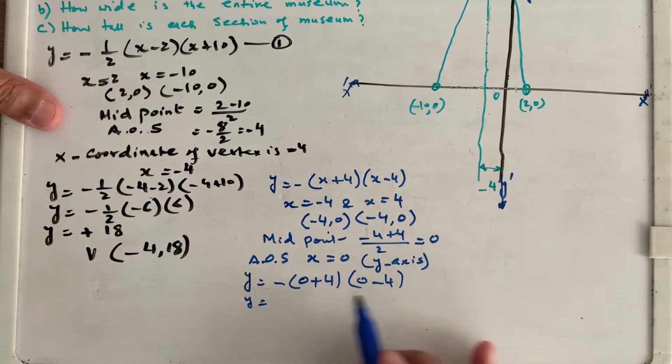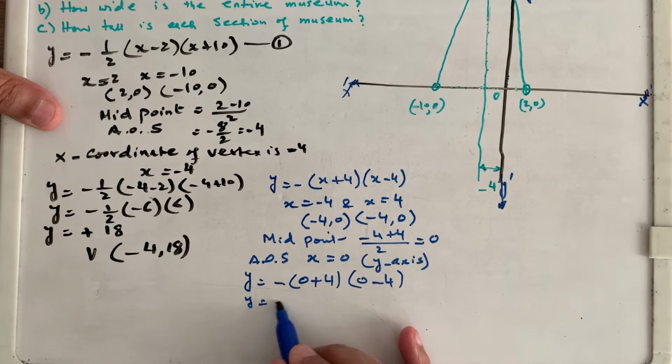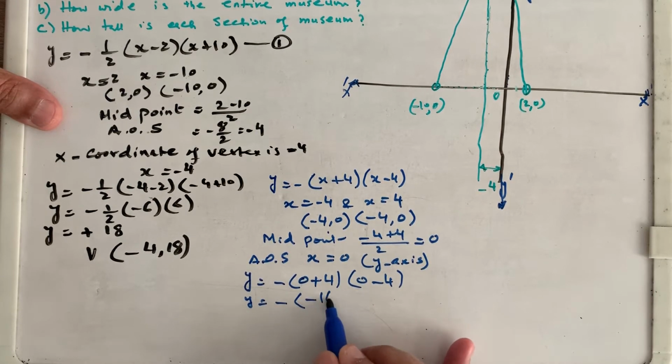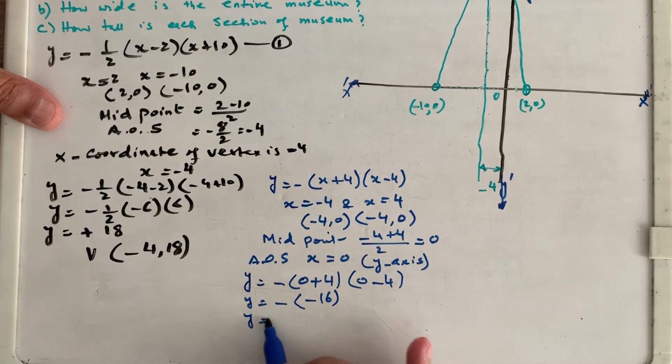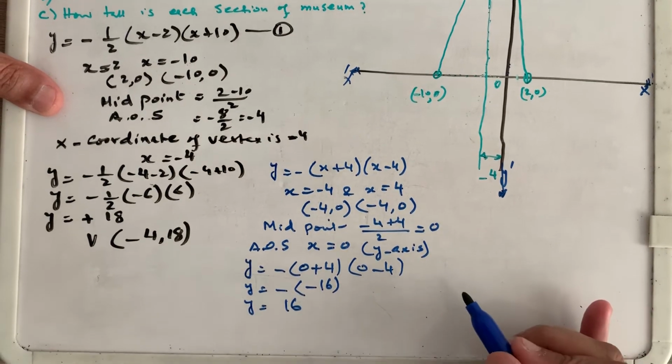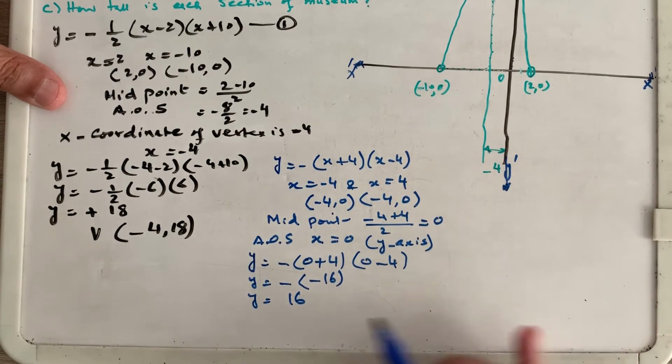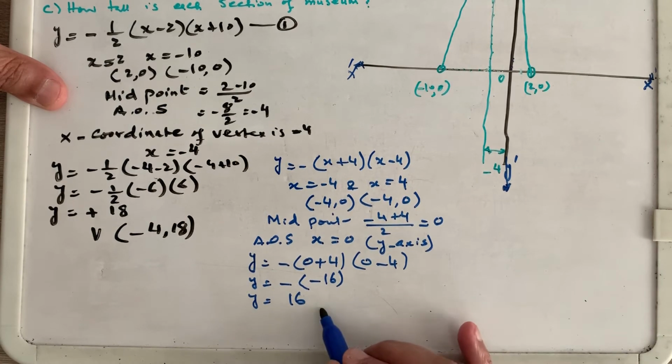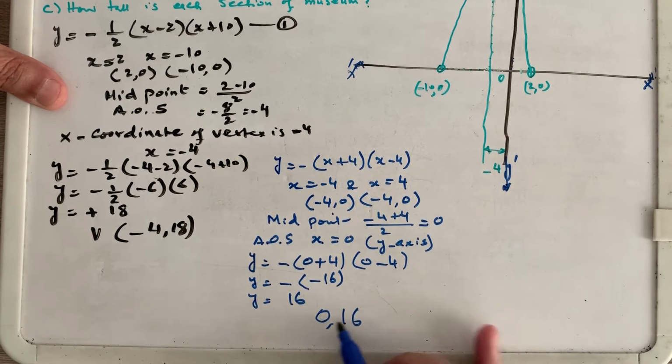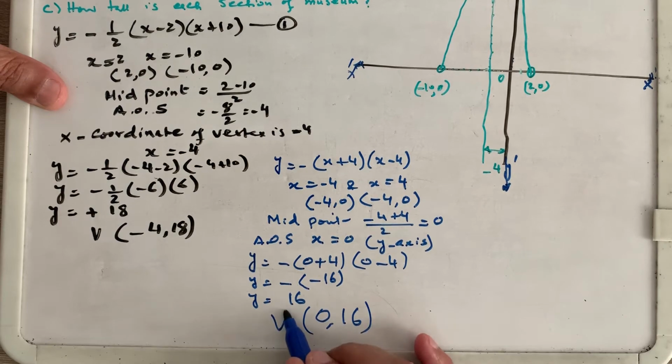But that will be positive because negative times negative is positive, so y equals plus 16. So what is my vertex now? The x coordinate of the vertex is 0 and the y coordinate of the vertex is 16.